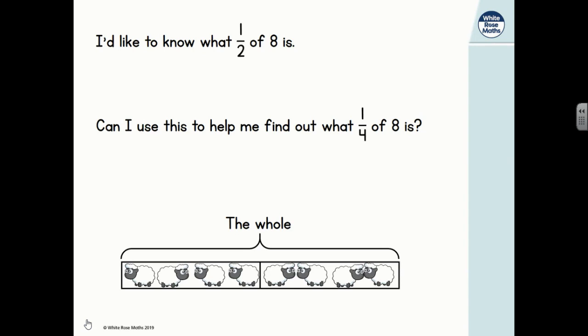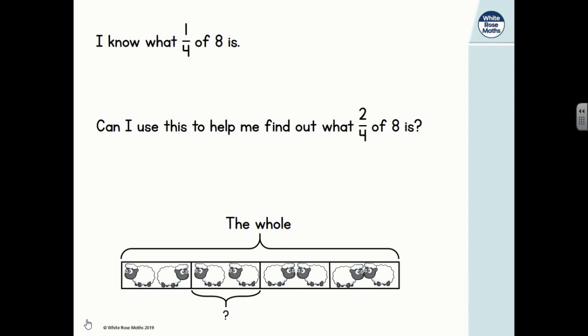Can I use this bar model to help me find out what 1/4 of 8 is? I think I can. If I separate my bar into 4 equal pieces, I can see that 1/4 of 8 is 2. 1/4 of 8 sheep is 2 sheep. So I know what 1/4 of 8 is.